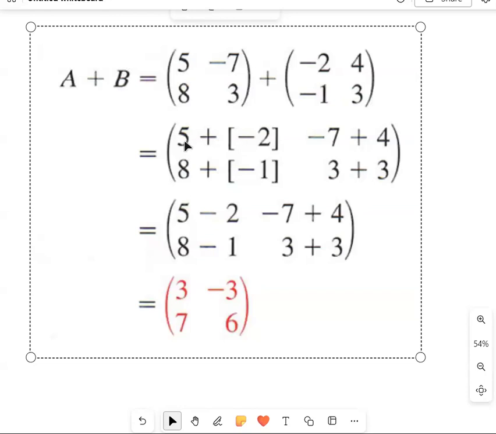And you simplify. 5 plus minus 2, you're going to get 3. Minus 7 plus 4 will give you minus 3. 8 plus this minus 1 is going to give you 7. 3 plus the 3 is going to give you 6. That's how you add them. The subtraction is the same thing as well. Matrix subtraction. Same thing.